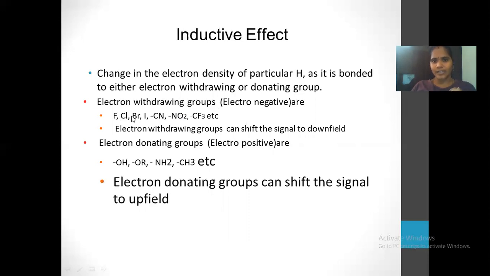As the electron density is less, that peak moves towards the downfield. If electron donating groups are there, like OH, OR, NH2, CH3, they can donate electrons towards that particular proton, so the electron density increases, and then the peak will be shifted towards the upfield.